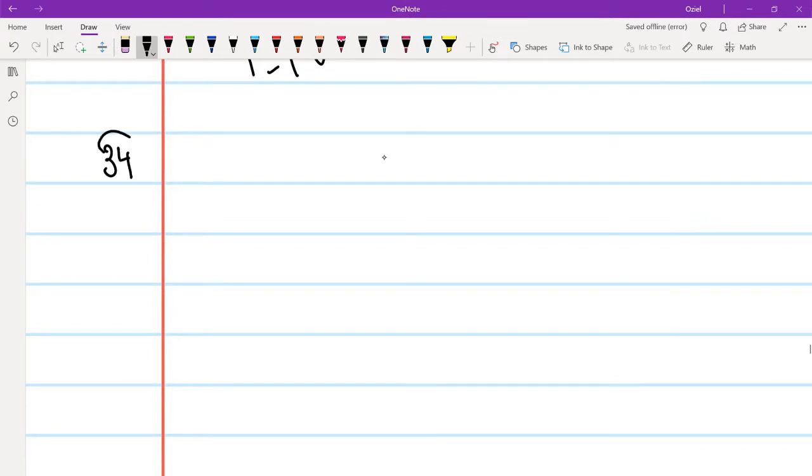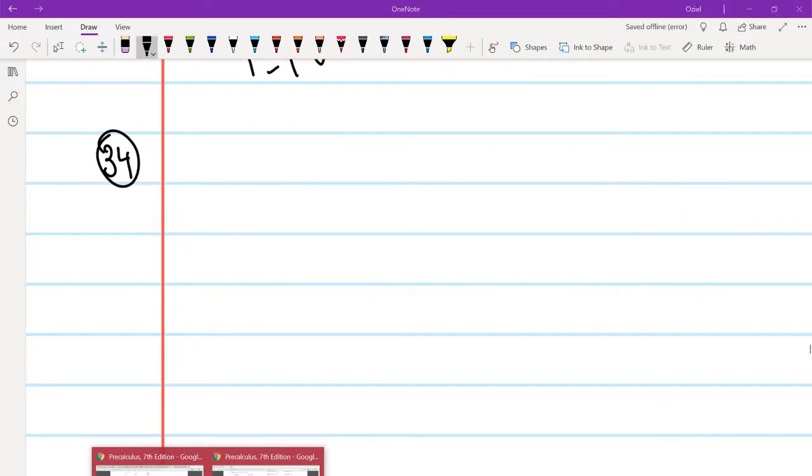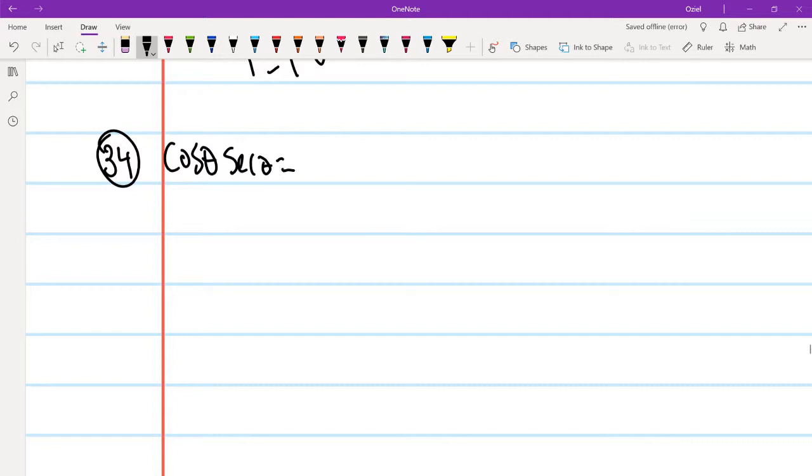Number 34, let's see number 34. It's kind of the same thing: cosine of theta times secant of theta equals 1. We know cosine of theta, we can't do anything with that because it's already in terms of sine and cosine.